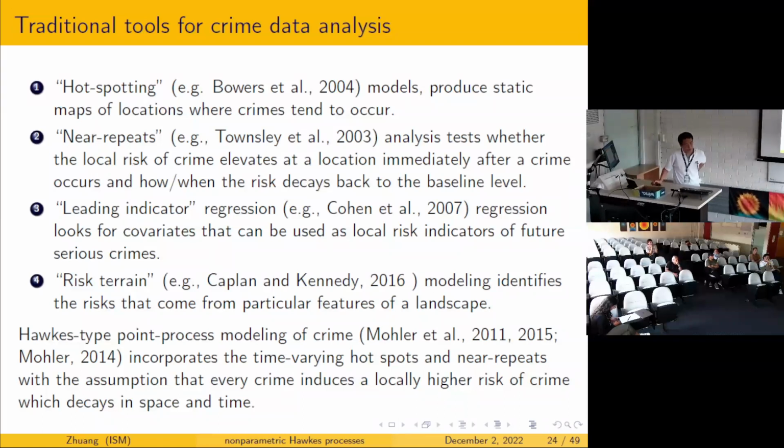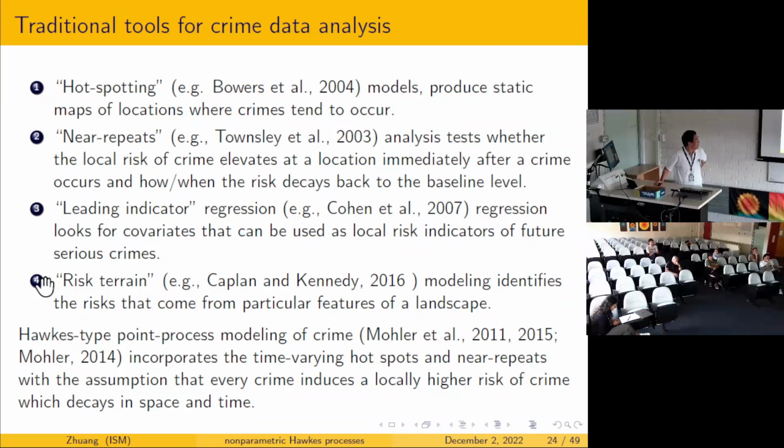And they also have a leading indicator regression model. This is more like regression analysis to find the crime occurrence rate as a function of local variables, such as population composition, population structure, economic situation, land value, those kinds of things.